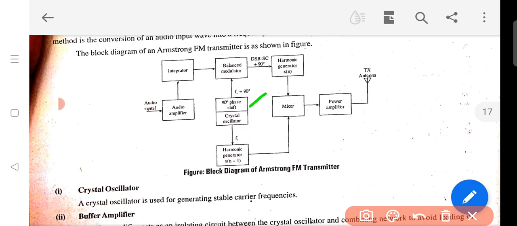So the product modulator has one input, the message signal through the integrator and audio amplifier. The audio amplifier is employed to increase the voltage level of the actual message signal, which is then fed to the integrator, which integrates our message signal.